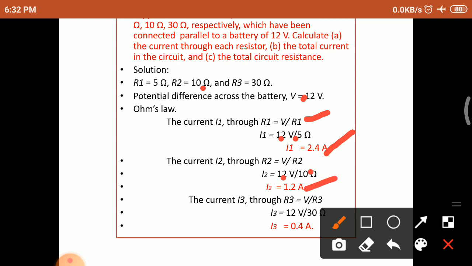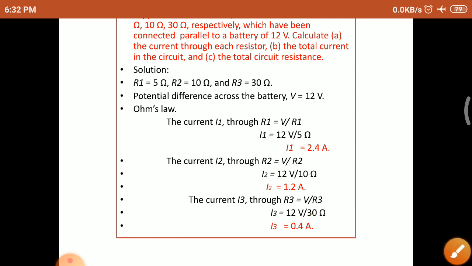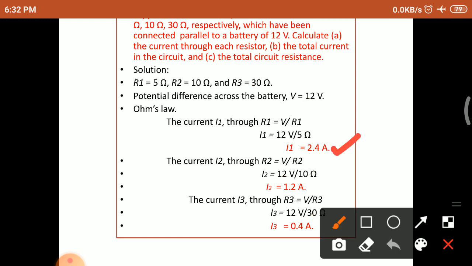I3 equal to V by R3. The value of V is 12, the value of R3 is 30. So 12 by 30 equal to 0.4 ampere. So the currents through each resistor are I1 equal to 2.4 ampere, I2 equal to 1.2 ampere, I3 equal to 0.4 ampere.